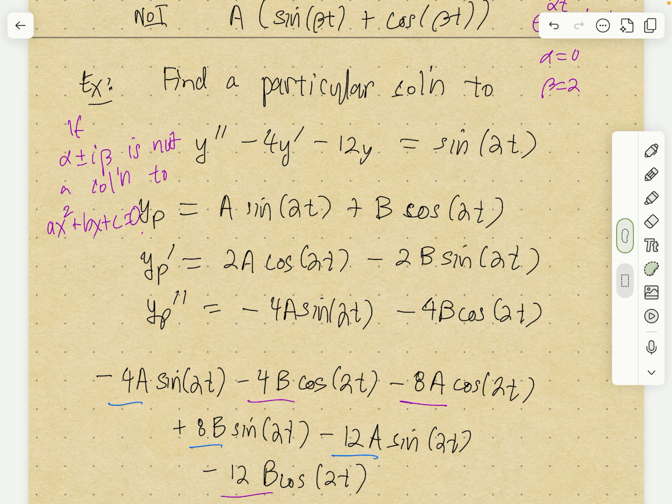So basically, you make your initial yp equal to this, and then if the thing on the left is not 0, then it's going to work. But if the thing on the left is actually 0, then you have to multiply your initial yp by t, because otherwise you're going to end up getting the homogeneous solution instead of the inhomogeneous solution.